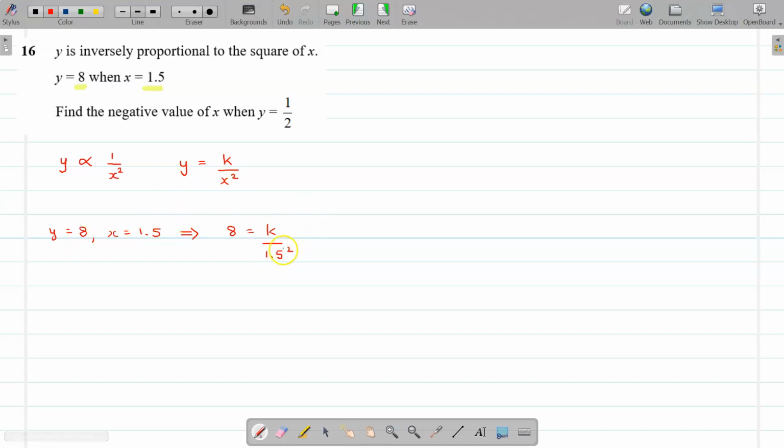Now, 1.5 squared is 2.25, which leads to k being 8 times 2.25, which is in fact 18.